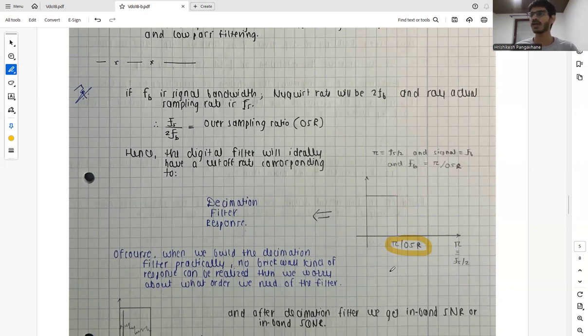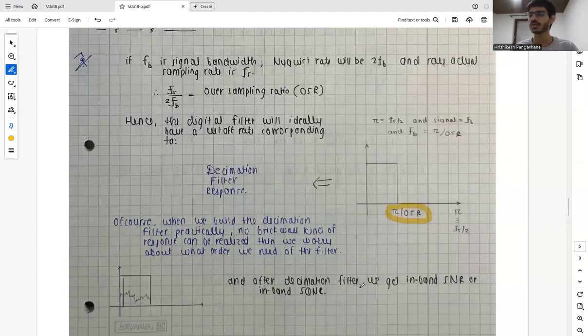And of course, when we build the decimation filter practically, no brick wall kind of response can be realized because that's ideal. Then we worry about what order of filter we need. That's another point to be considered. But as of now, the bandwidth, or cutoff, should be pi by OSR.